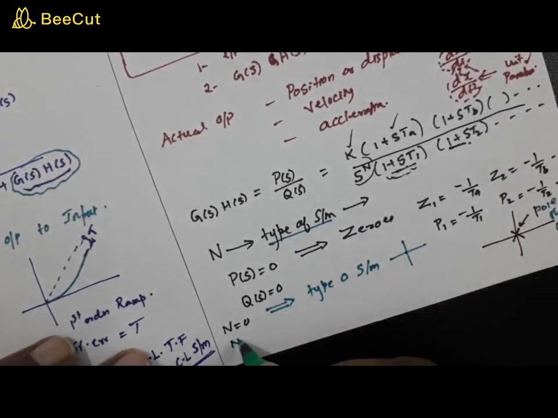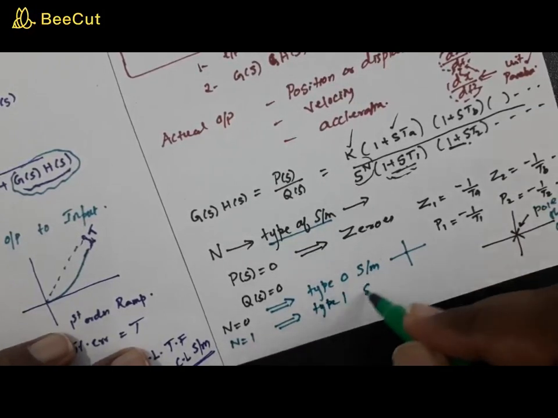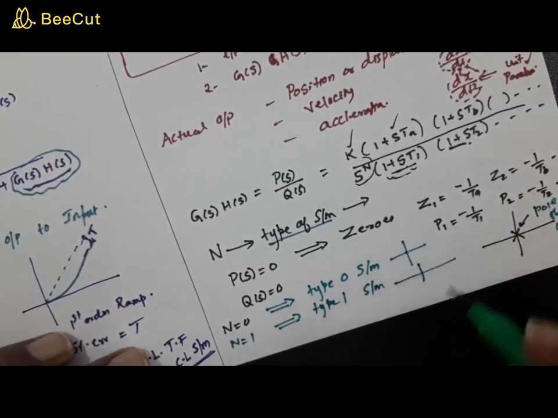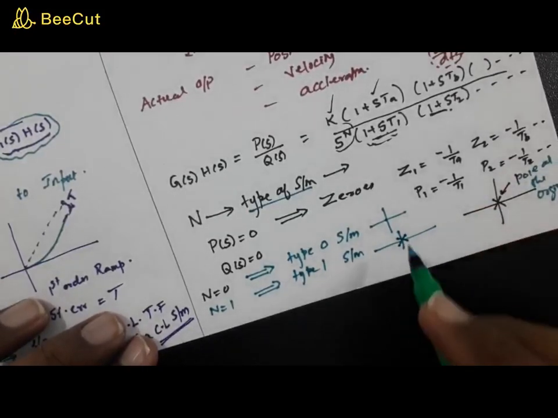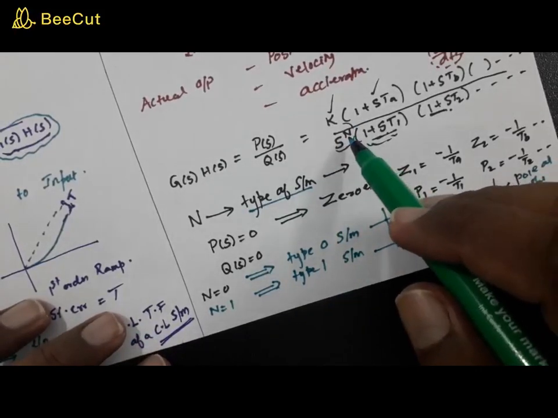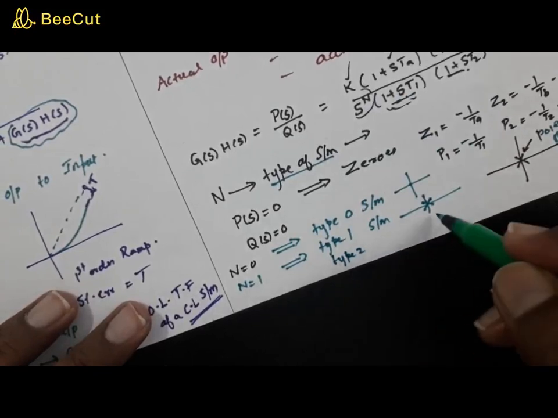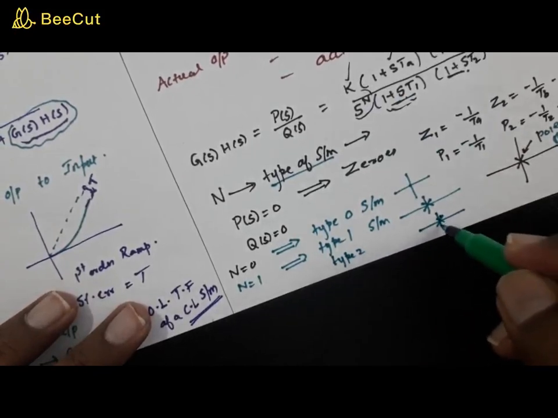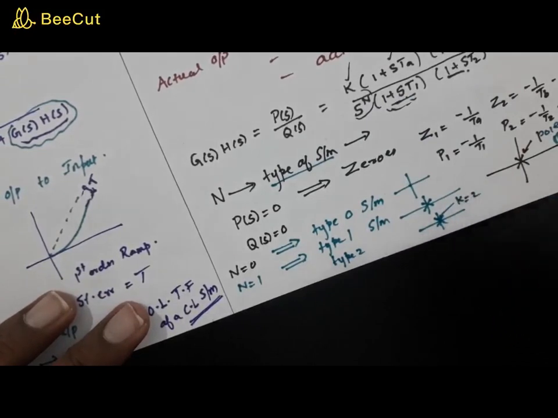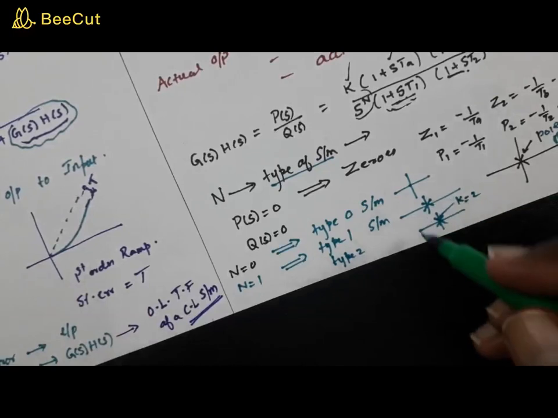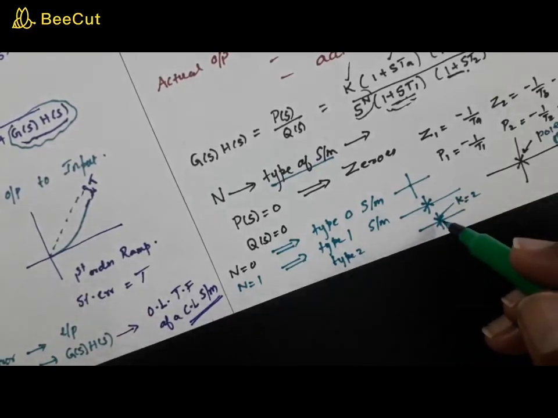Now, n equal to 1 refers to a type 1 system, meaning when you draw the s-plane pole-zero plot, there is a single pole at the origin, that is s raised to 1. What about a type 2 system? A type 2 system is a system where you have two poles, a pole with multiplicity 2, a multiple pole, meaning the number of poles at the origin is 2.